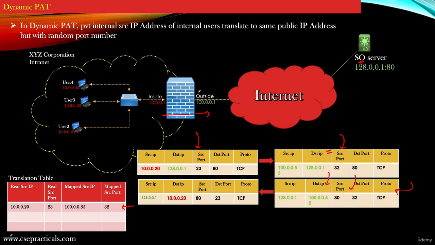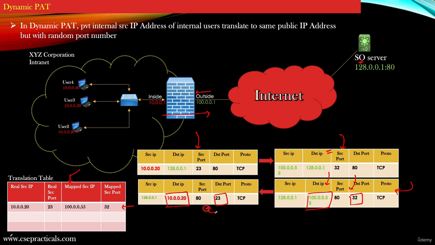And when this packet hits the outside interface of this firewall, this packet will undergo untranslation. And you can see that the firewall will now consult this table in order to replace the destination IP address and the destination port of the packet with the original IP address and the original port number. So this is untranslation.